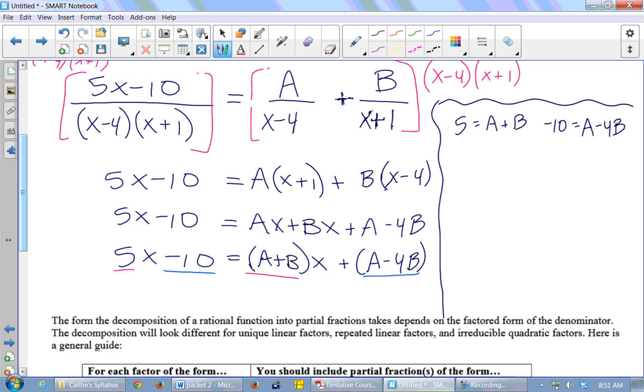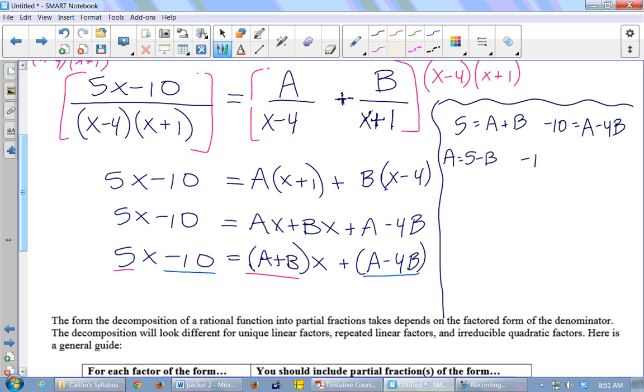So you can use your favorite technique. You can use substitution. You can use elimination. What do you want to do? Substitution? All right, so maybe I'll start with this equation, and I would say a is equal to 5 minus b. So then you go to your other equation, and you replace a with 5 minus b. That's the substitution piece.